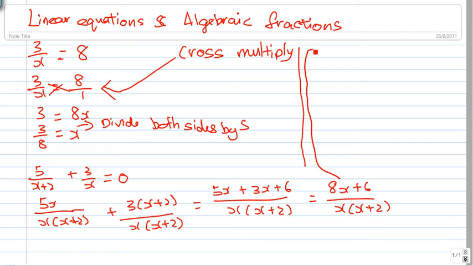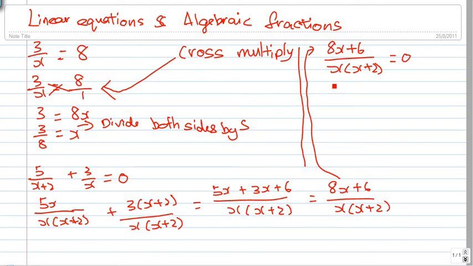This is not the best form of presentation, if I may tell you. So 8x plus 6 over x, x plus 2 equals 0. In fact, if you present it this way, your teachers will deduct marks. You should let it equate to 0 and then go on to the next line vertically downwards.